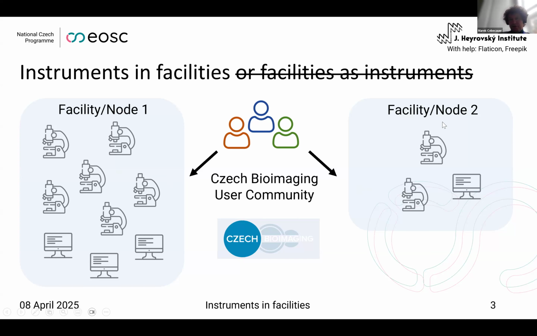We also have smaller facilities, which have only 1 or 2 instruments, but usually they are very unique in some of their properties, or there is unique expertise in this facility on how to use the instrument. This is how we think about facilities, for example, in the Czech bioimaging infrastructure.